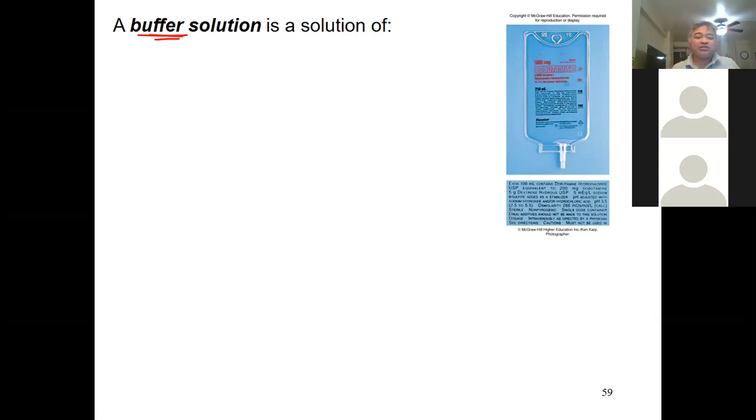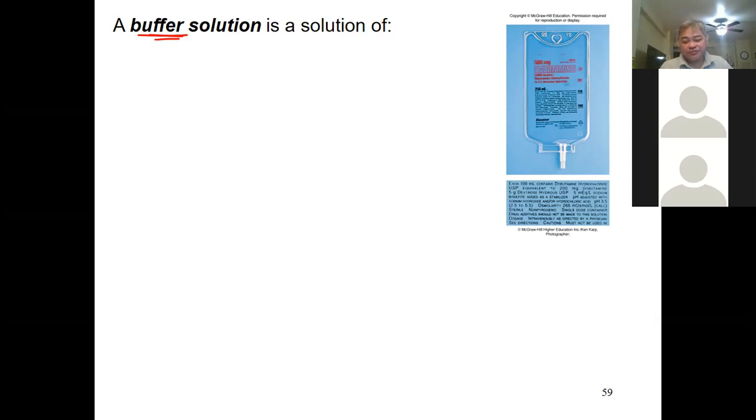Now the question is, what's the buffer system in our body? Anyone? Alam niyo ba kung ano yung buffer system sa ating katawan? So the buffer system in our body is, anyone? Phosphate buffer.